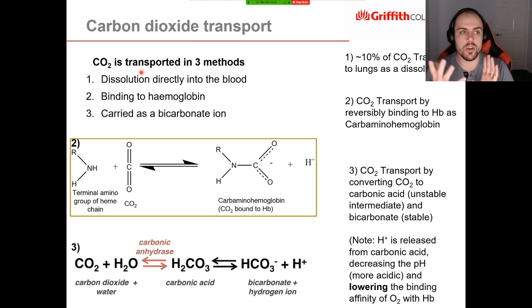However, the solubility of carbon dioxide is much higher. It's like 40 times more soluble. So what that means is we can get away with kind of turning our body into a soda stream, and just putting carbon dioxide straight into the blood and transporting it that way. The second way is we can bind to a hemoglobin molecule.